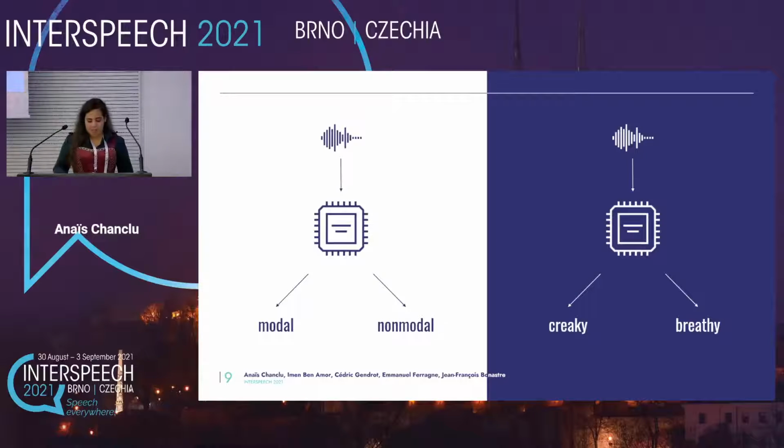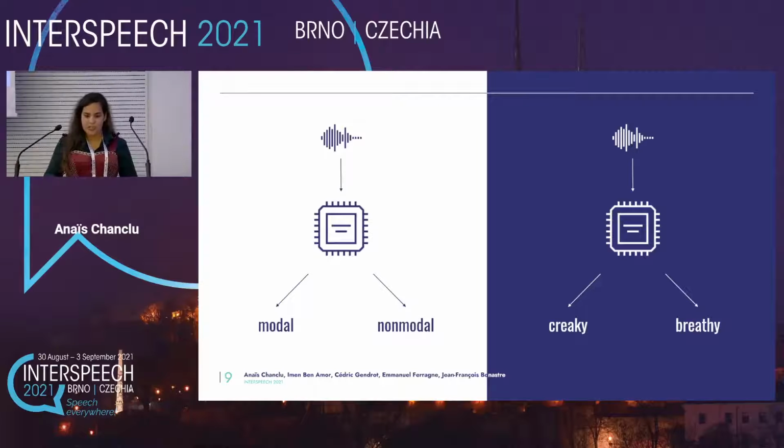For the classification part of the system, we built a cascade of 2 binary classifiers. Those classifiers are neural network based, and the first one aims to detect modal and non-modal frames. Non-modal frames are frames labeled either creaky or breathy, and the second classifies the non-modal frames into creaky and breathy type.